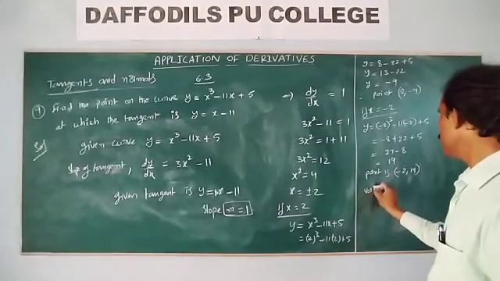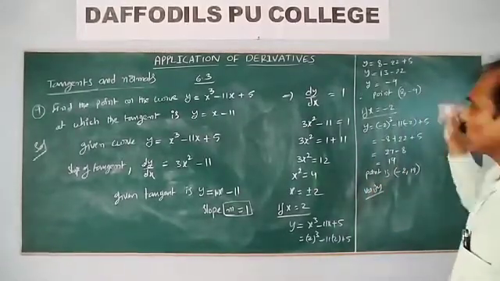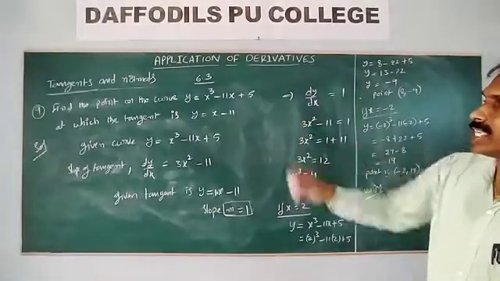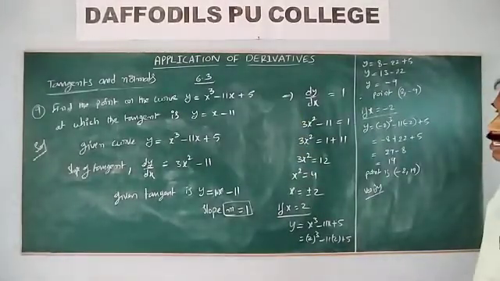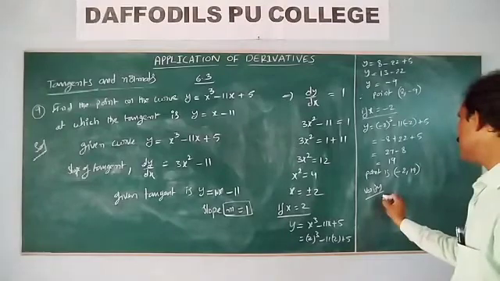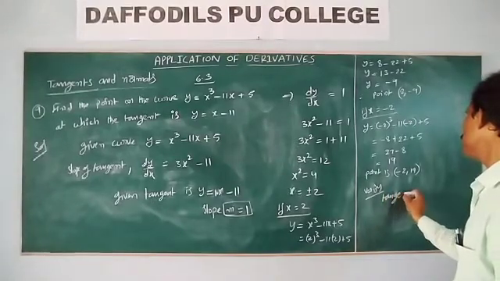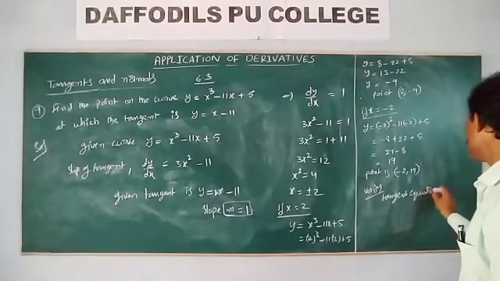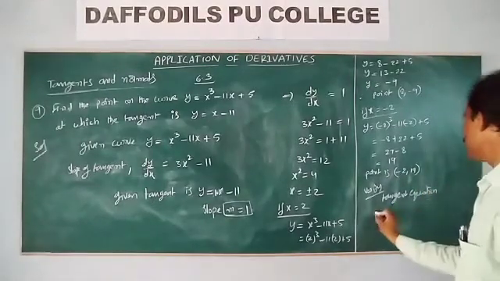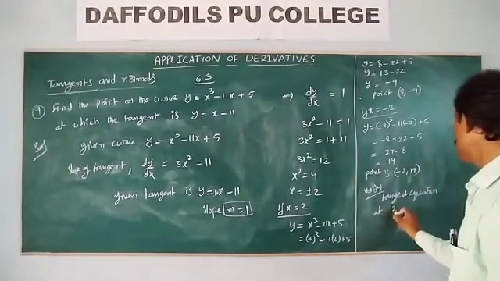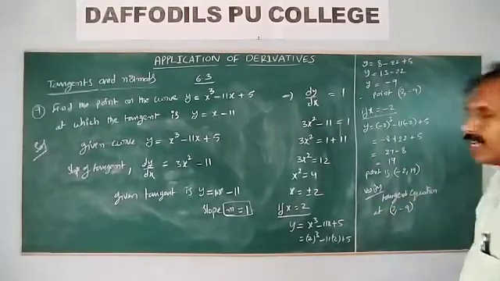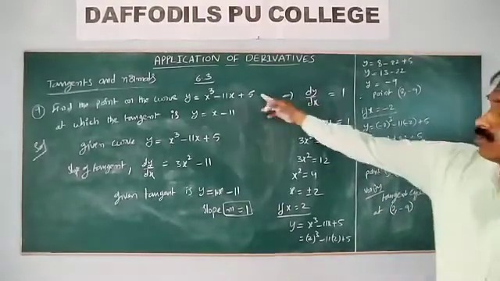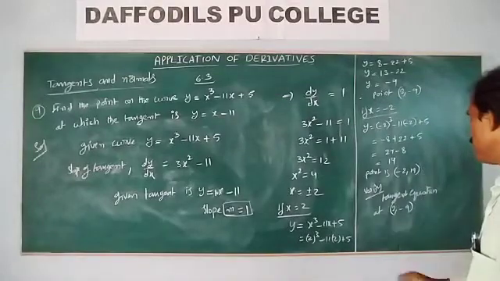Now verify. Take 2 comma minus 9 and find the tangent equation to the curve at that point.